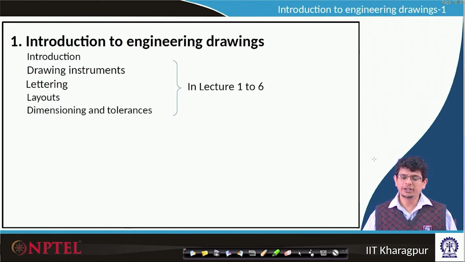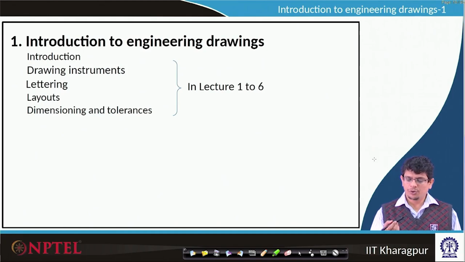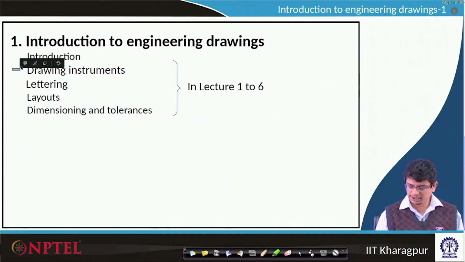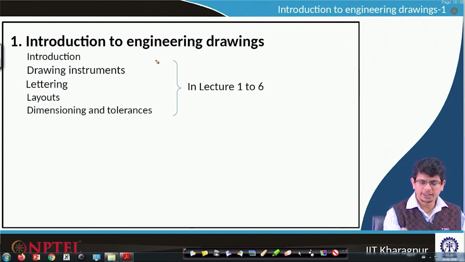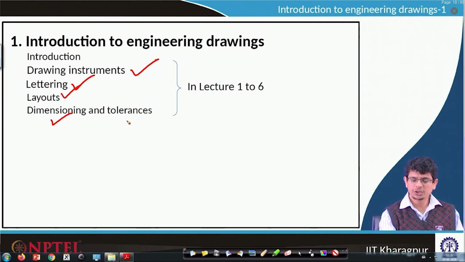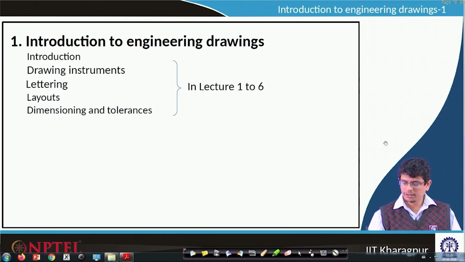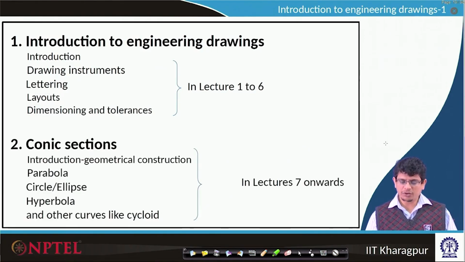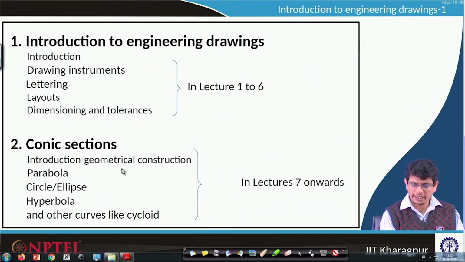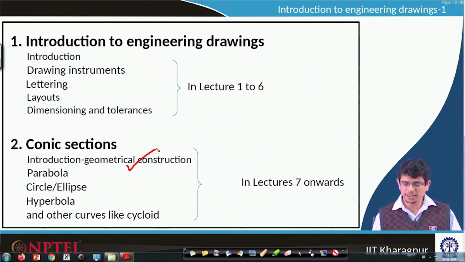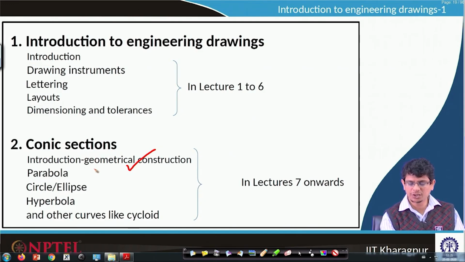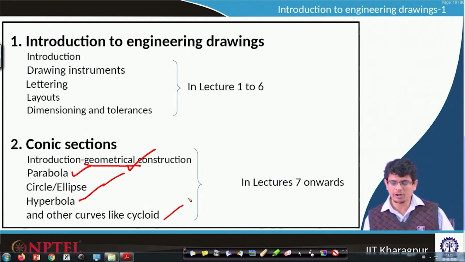So, to summarize our introduction to engineering drawings, in the first 6 lectures we looked at drawing sheets, drawing instruments, lettering, layouts, and a complete picture on dimensioning and tolerances. From the next class onwards, we will learn how to draw lines, curves, bisector lines and so on, how to utilize these instruments to construct geometrical things, and how to construct common conic sections like parabola, circle, hyperbola, and other curves like cycloids and so on.